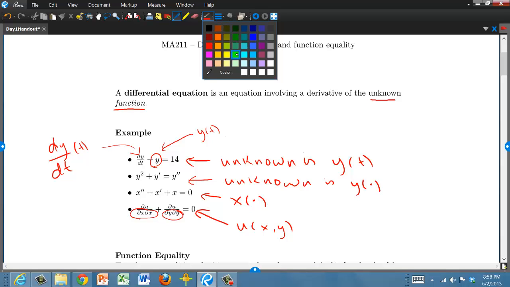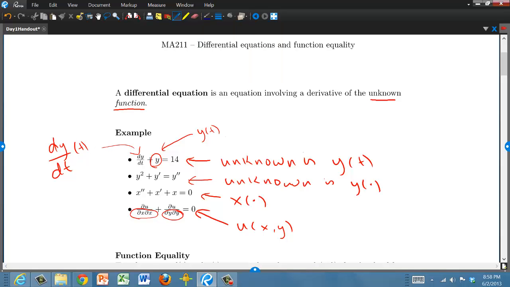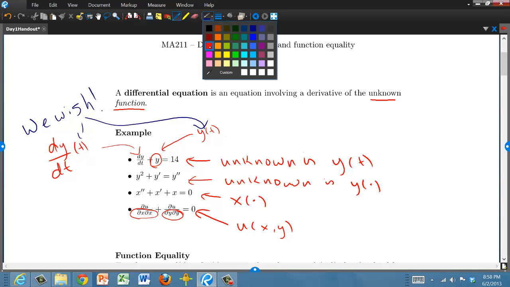If you take a differential equations class anywhere, everyone's too lazy to write the independent variable there. It would be nice if people would write that, but they don't, so neither will we.